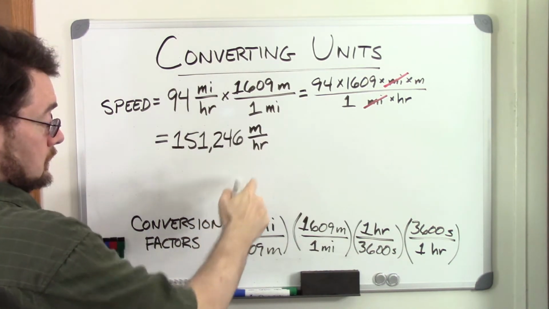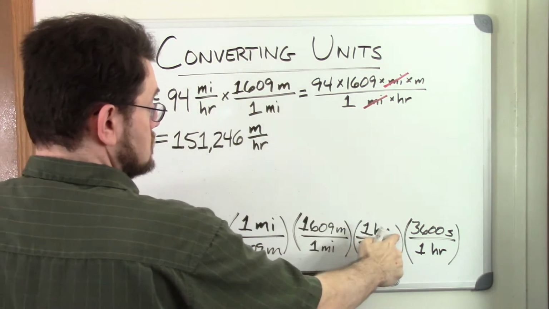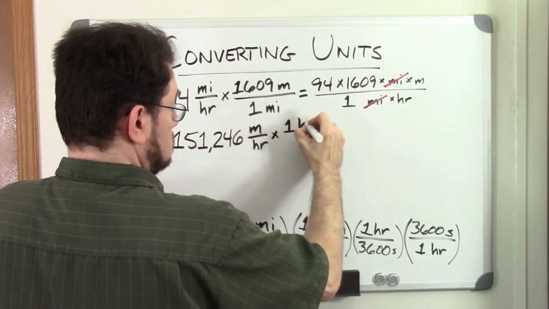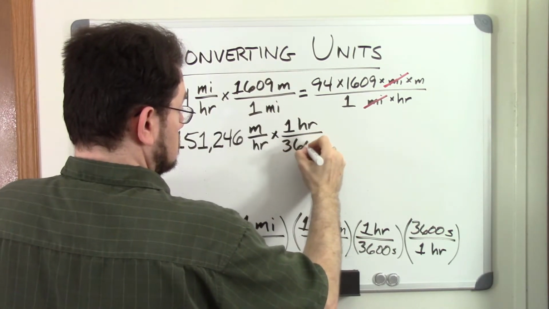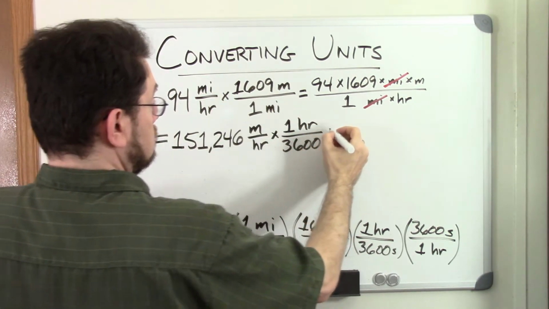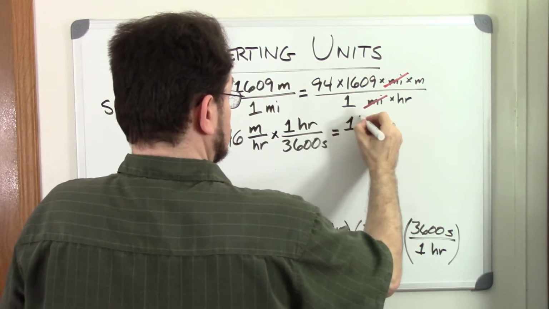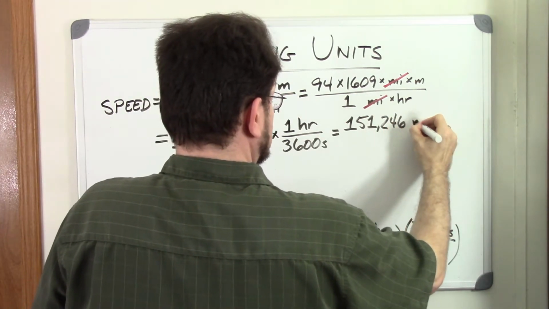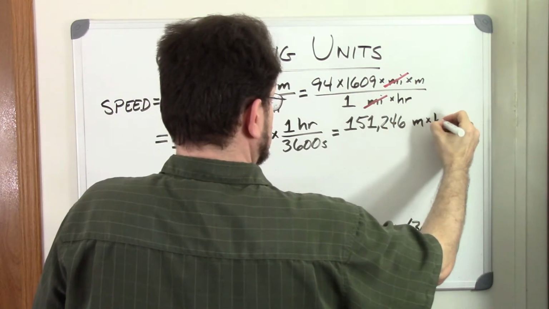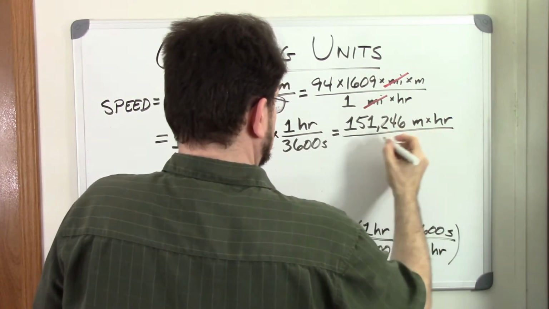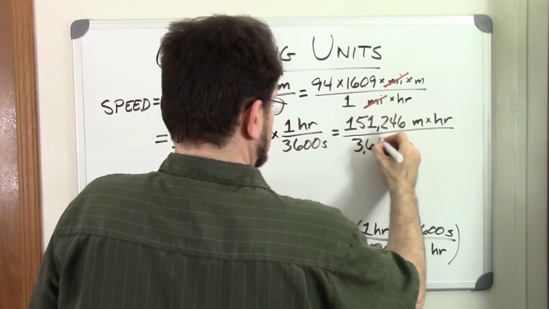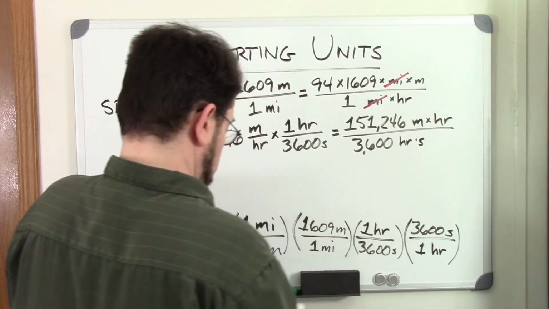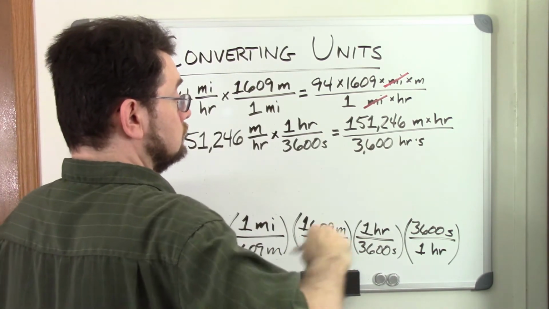Well, we've gotten rid of miles, and now we have meters. Now we need to get rid of the hours to replace them with seconds. Notice that hours are on the bottom of a fraction, so to cancel them, we choose the conversion factor that has hours on the top of the fraction. This gives us 94 miles per hour equals 151,246 meters per hour times 1 hour over 3,600 seconds equals 151,246 meters times hours over 3,600 hours times seconds.